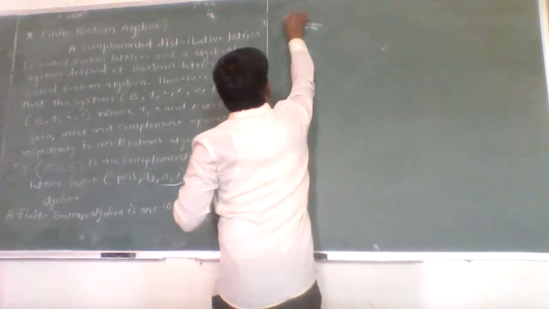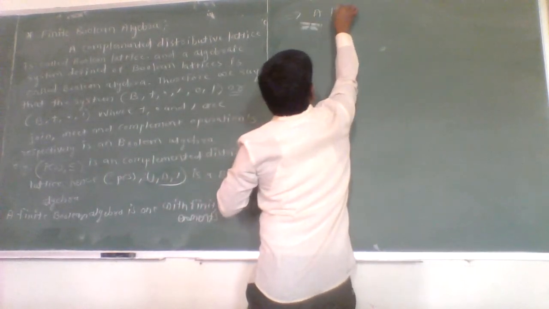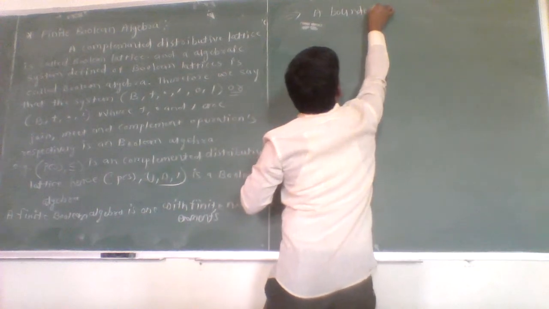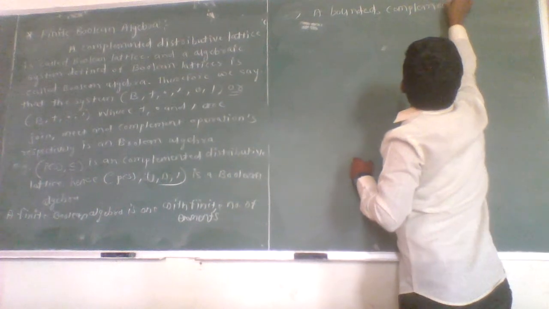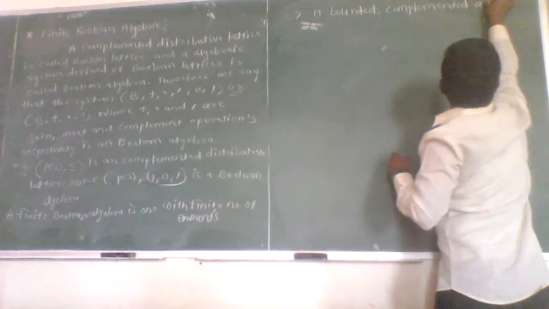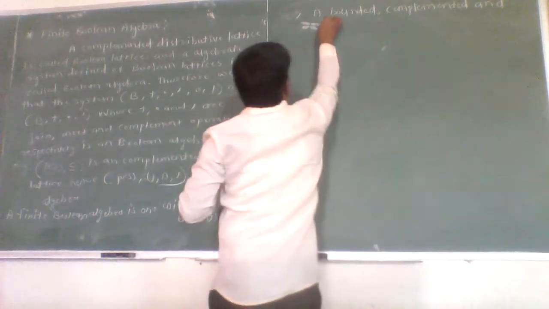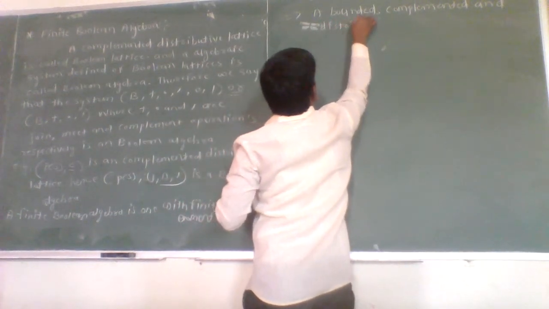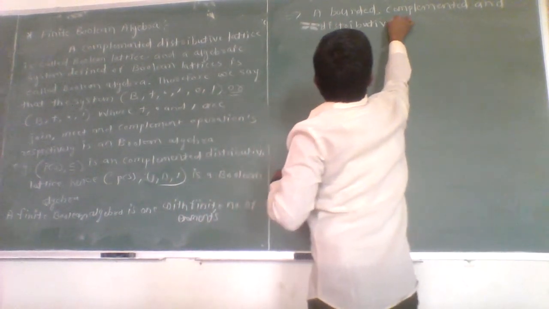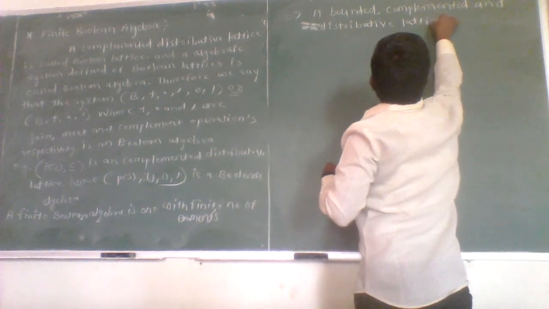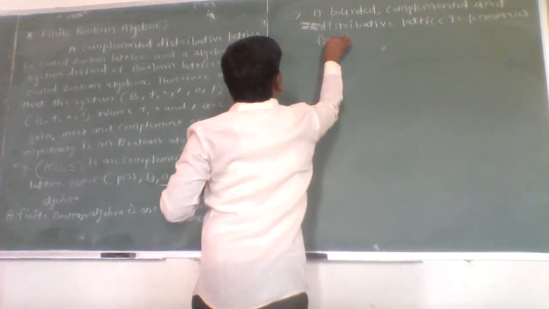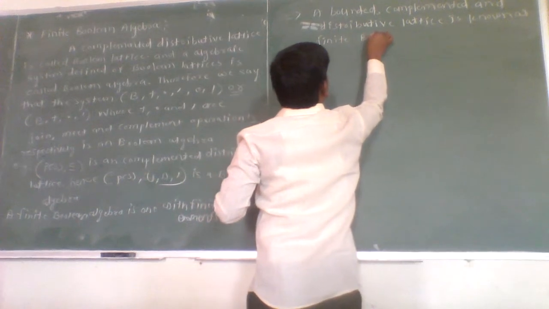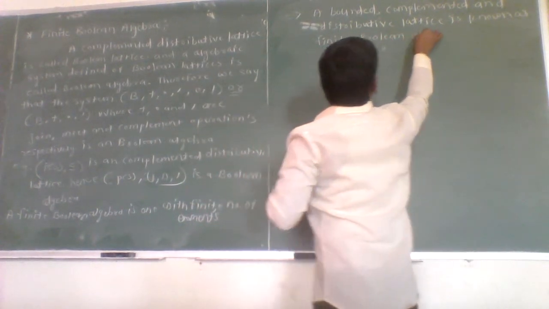Therefore, there is one shortcut: a bounded, complemented and distributive lattice is known as a finite Boolean algebra.